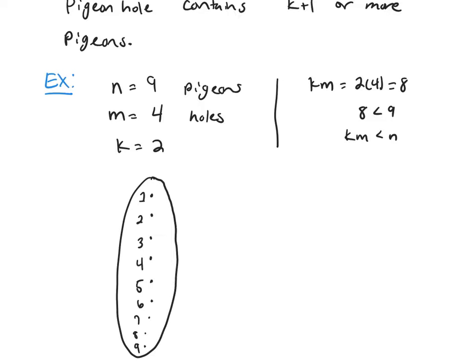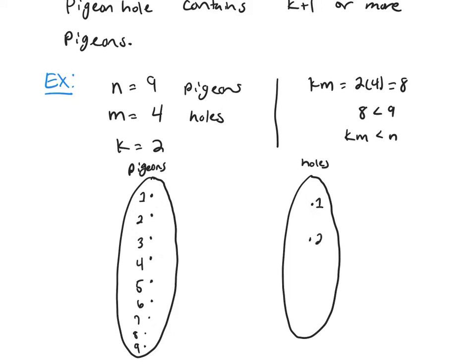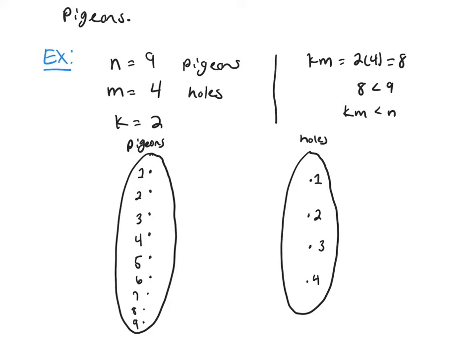And then over here, we had 4 holes for them to go into. One, 2, 3, 4. And so really the pigeonhole principle has to do with how spread out can I make these pigeons.